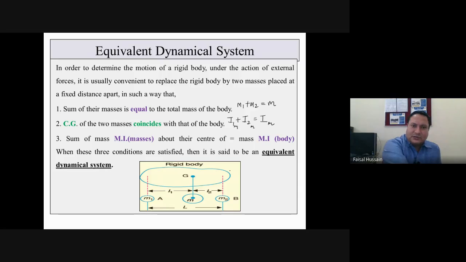And if this procedure is followed and all these three conditions are applied, then the system is equivalent dynamical system. So this is the basic concept of equivalent dynamical system.